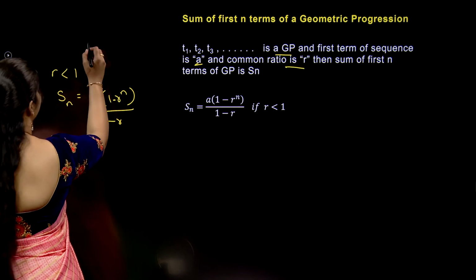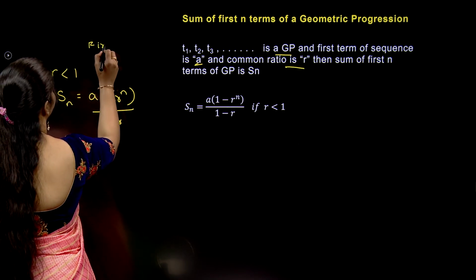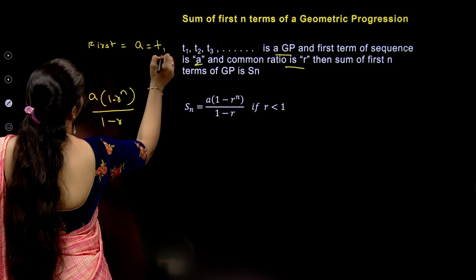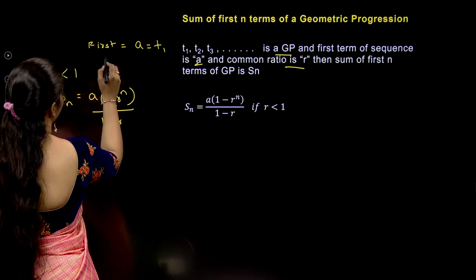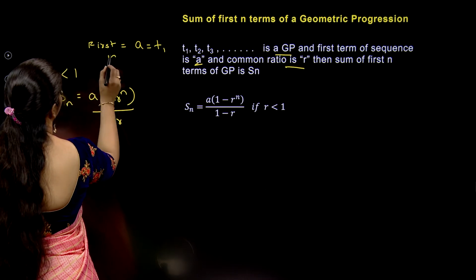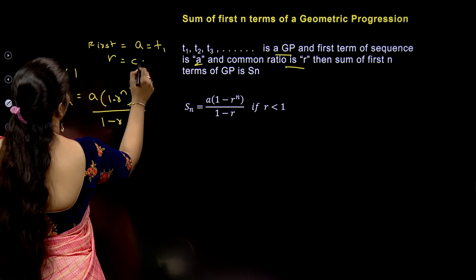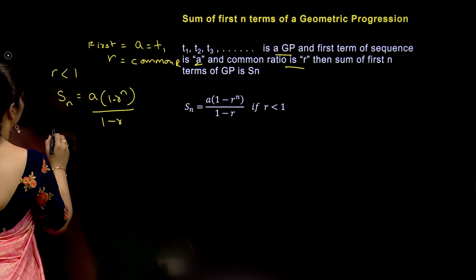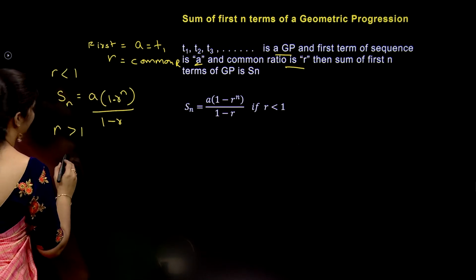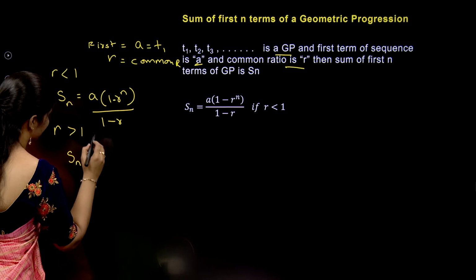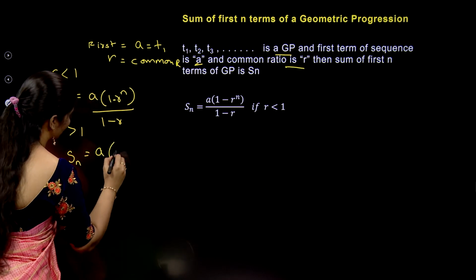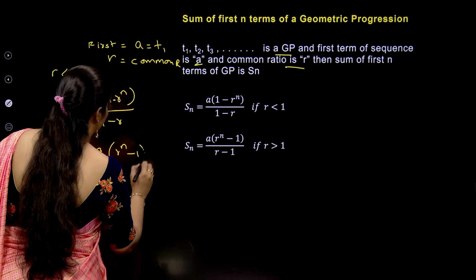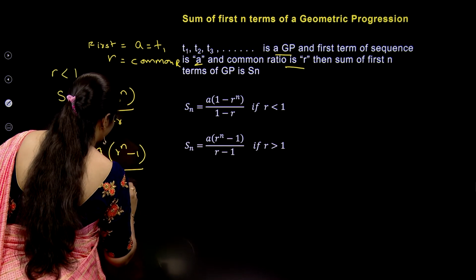Next, here the first term is equal to A, that is T1, and the common ratio is R. And if R is greater than 1, the Sn formula is A into R power n minus 1 by R minus 1.